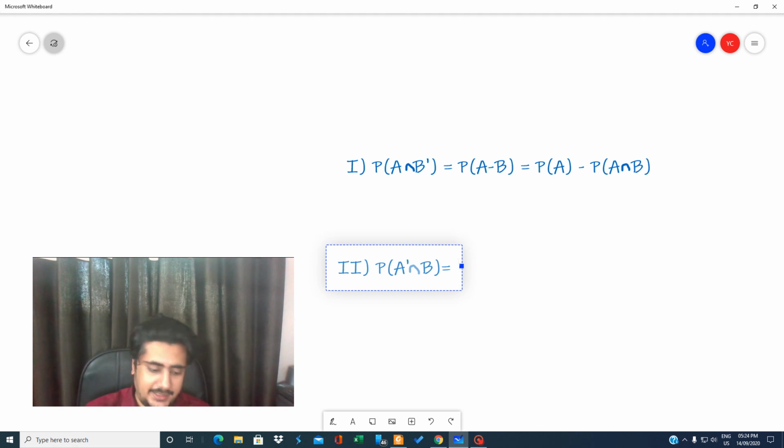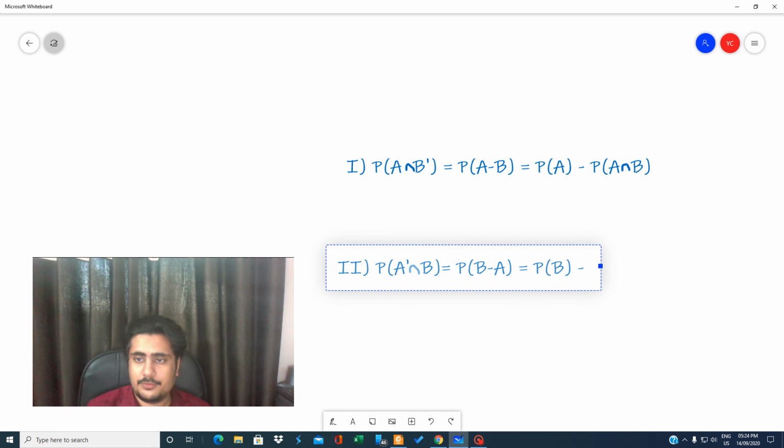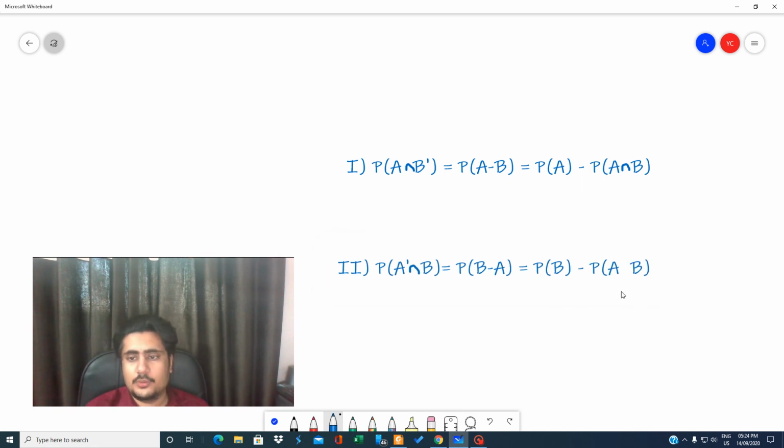As I told you, A dash means A is not there. Then what is there, sir? There is B. So it's B minus A. B minus A is P of B minus P of A intersection B. For this also you need the intersection.